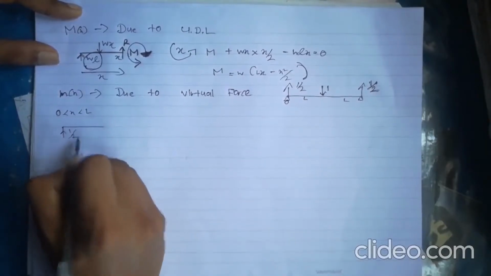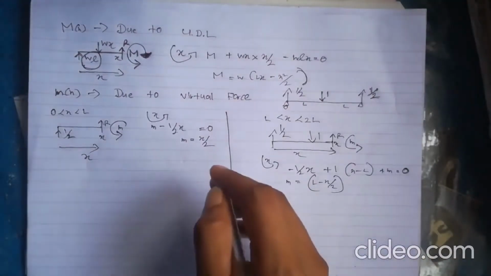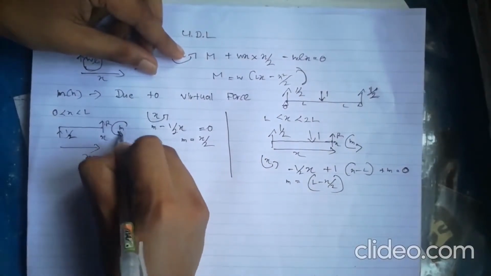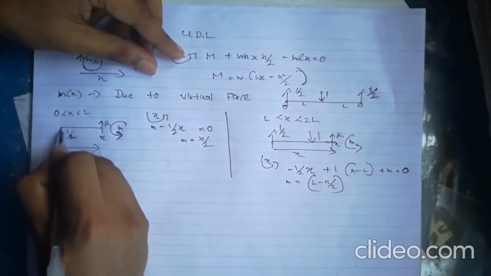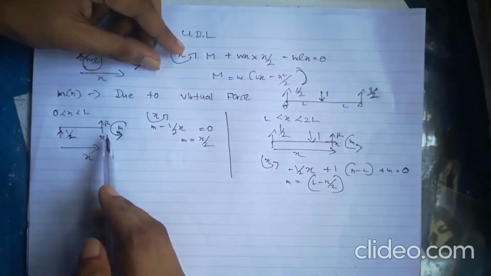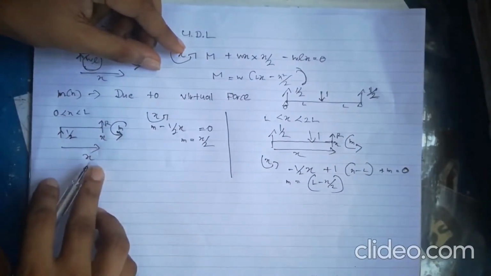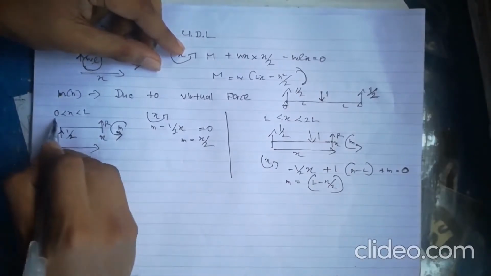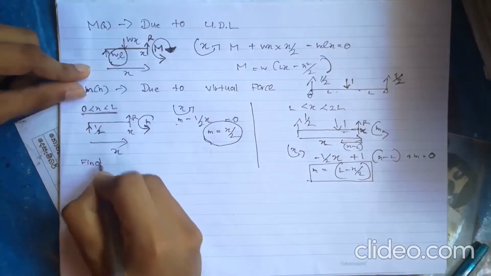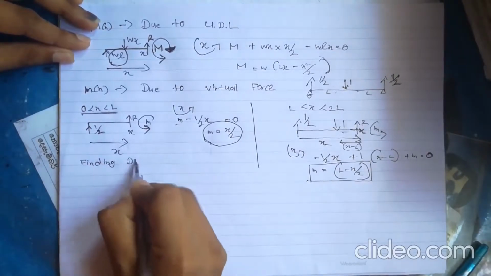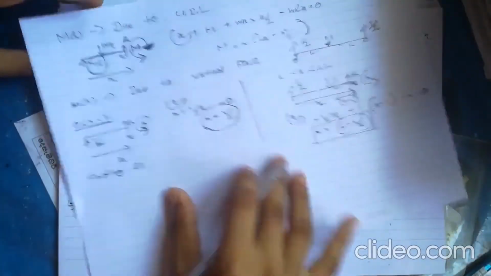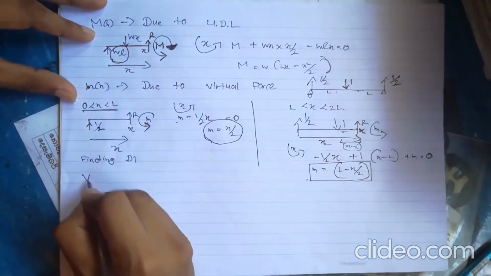The first part is when x is between 0 and L. The second part is x between L and 2L, because unlike the first one, here the bending moment equation differs in the two members. I just found them using the equilibrium equations.